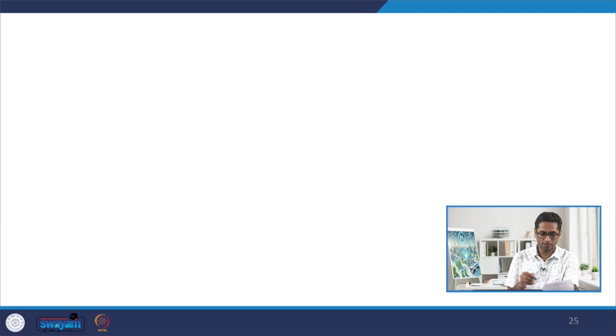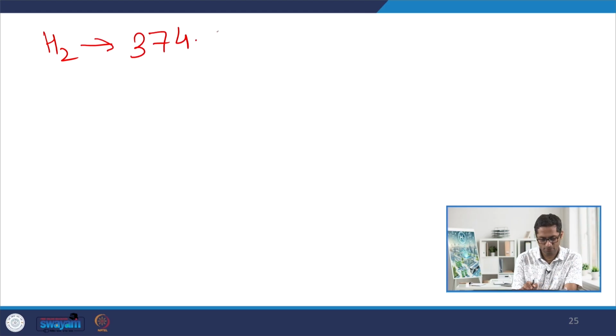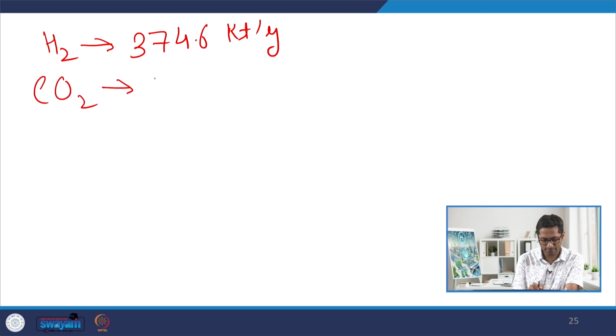So, the hydrogen that I am planning to produce is roughly of the order of 374.6 kilotons a year. The CO2 that comes out from this exercise would be roughly 3.95 million tons per year.